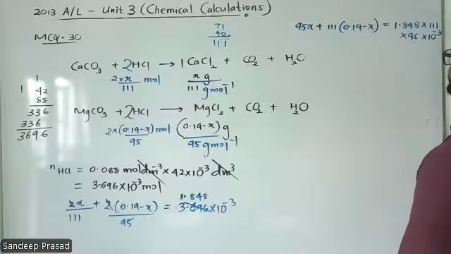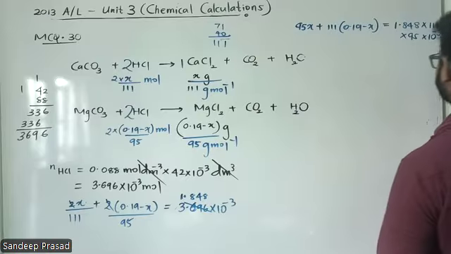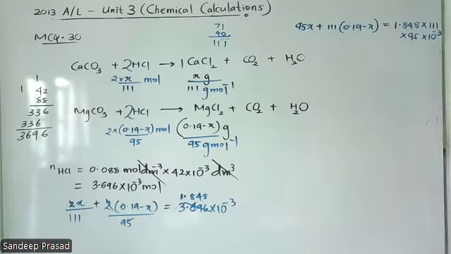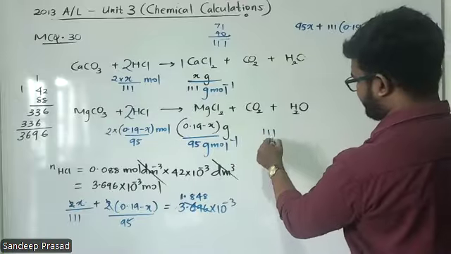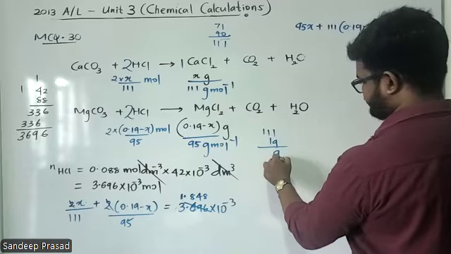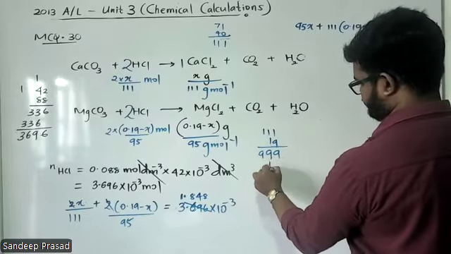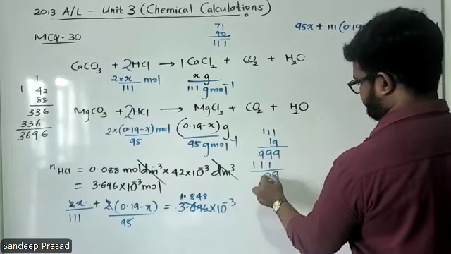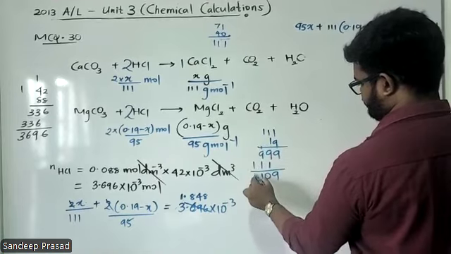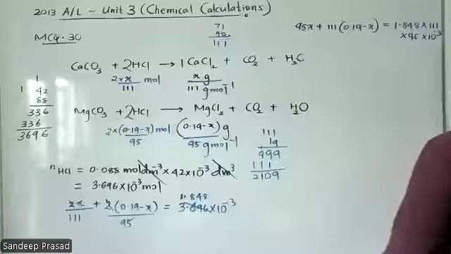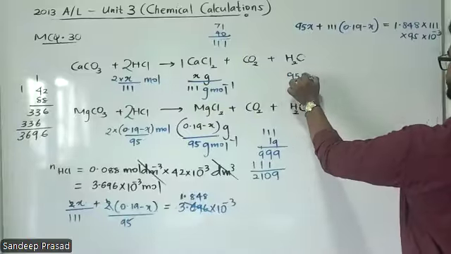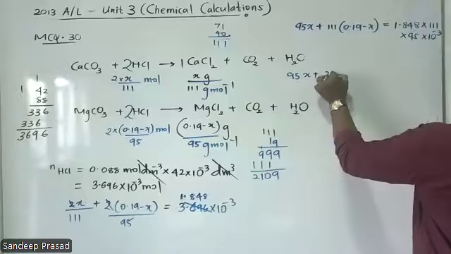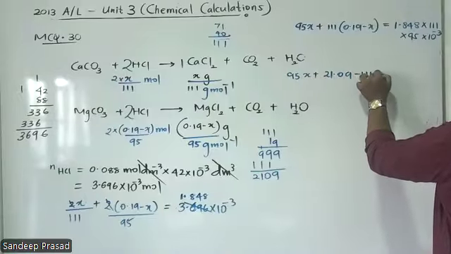Then what is the X value? 111 multiplied by 19 is 21.09, minus 111.